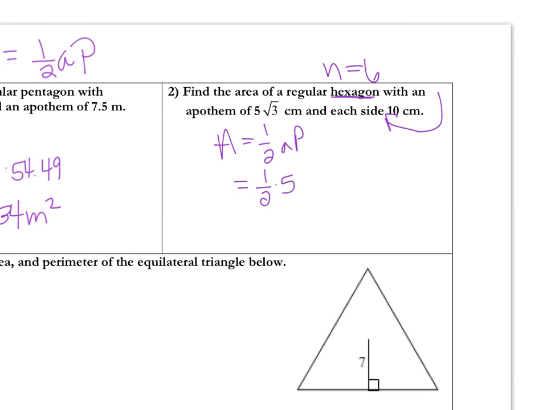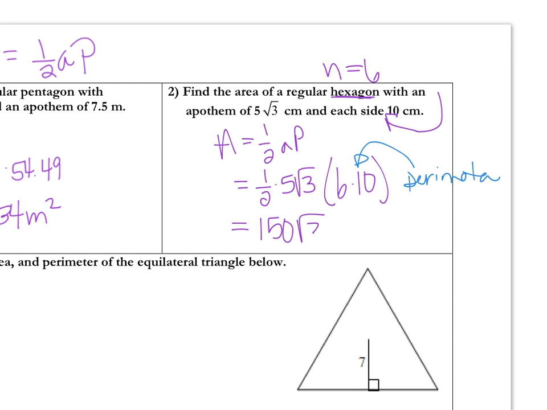So 1/2 times 5√3 and then 6 times 10 in parentheses to represent the perimeter. Okay. So you have to pay attention to what information they're giving you and see if you need to find any other pieces of information. Okay. So then when we multiply this out, we should get 150√3 centimeters squared.